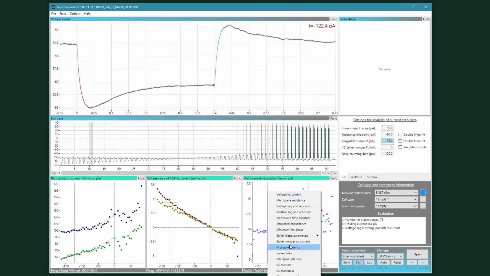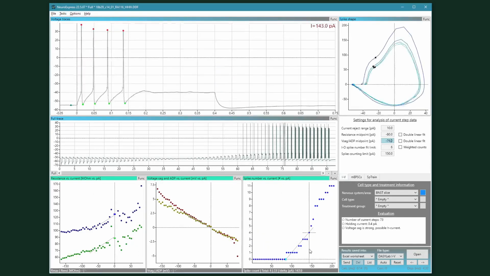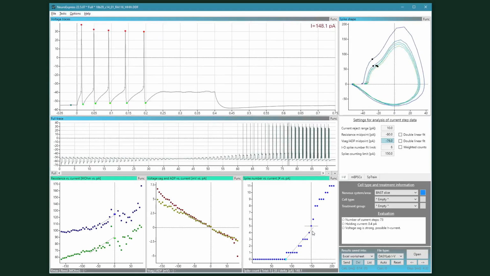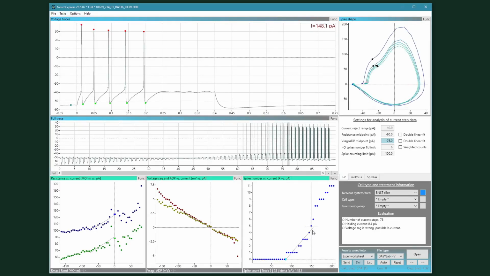Next is the parameter input-output spike number fit limit. Let me show you how that works. The program will try to fit a line to the points depicting the spike number as a function of the current.